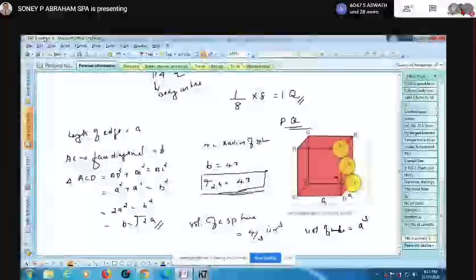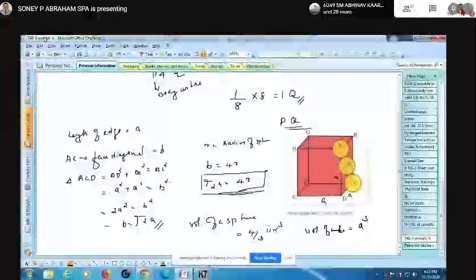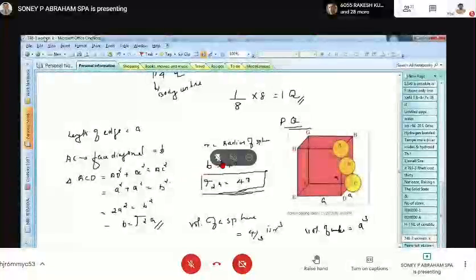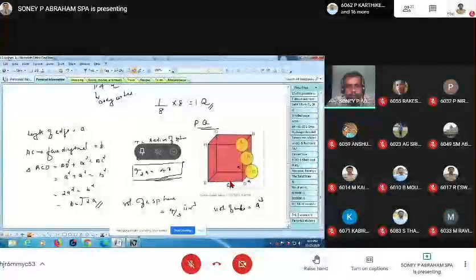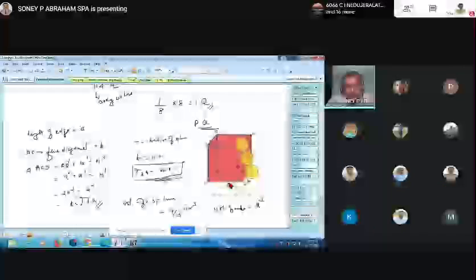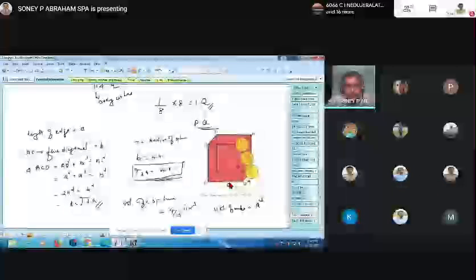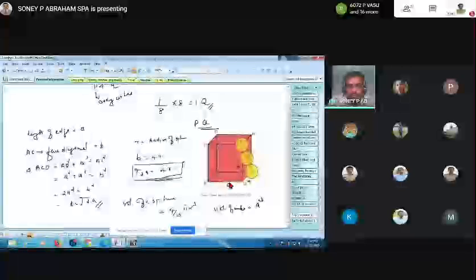So this is the relationship. This is already uploaded, you can take it from there itself, and you will get the packing efficiency as 74% for the face centered cubic structure. Any doubts?